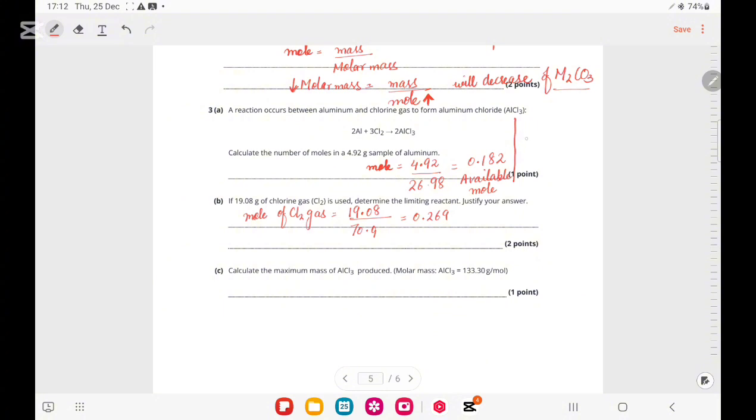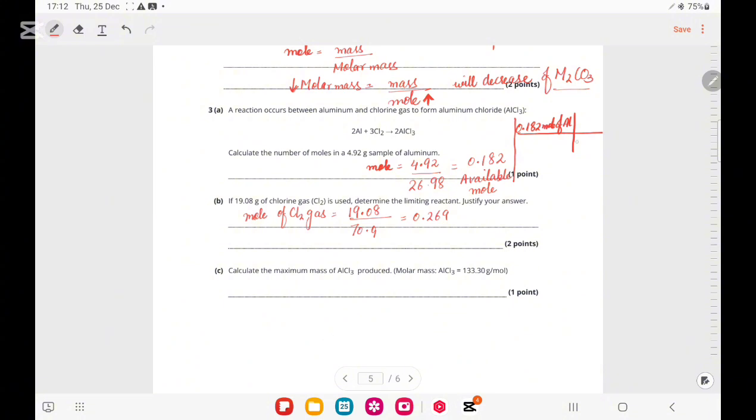So we have 0.182, which are the moles of aluminium. And I'm going to use this table method. So first of all, with the available moles of aluminium, I'm going to find out the required moles of chlorine.